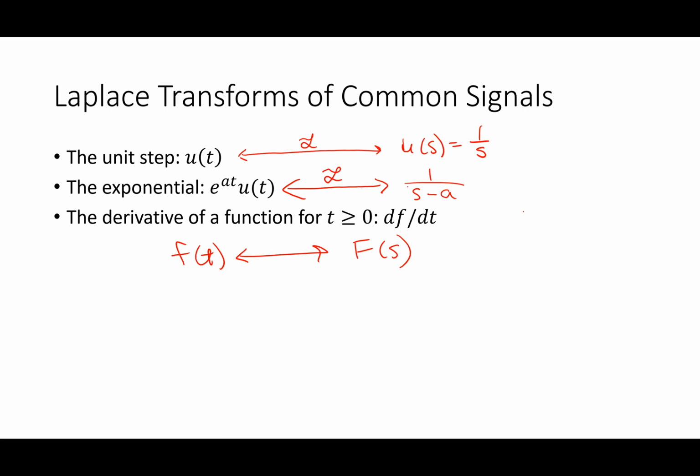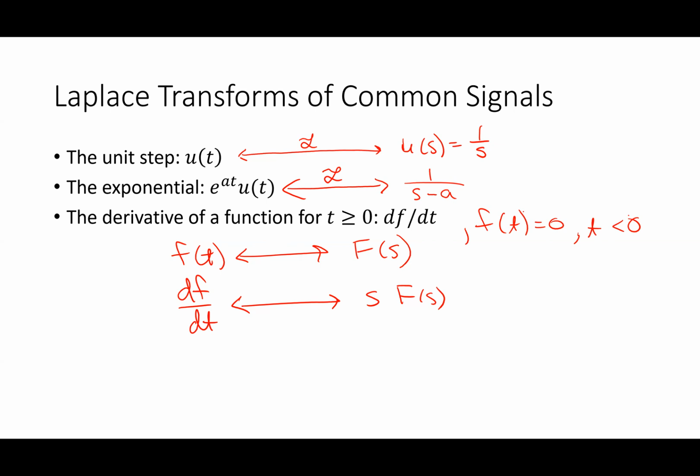So if I do that, what we said the other day is if I take df by dt, the Laplace transform basically becomes s times f of s. The implicit assumption here is that f of t equals 0 for t less than 0, and that's always going to be the case that we're going to use for any of these applications.